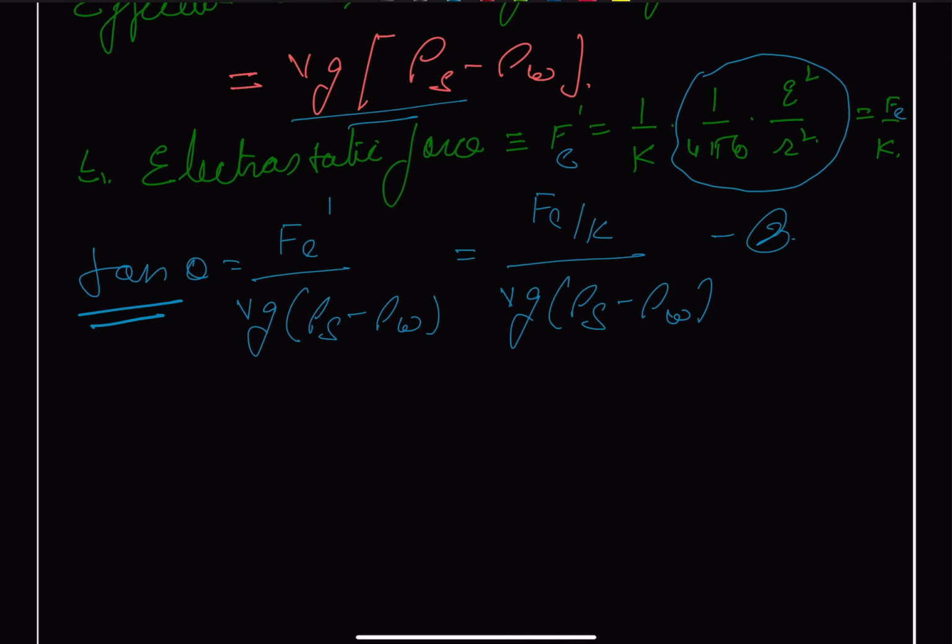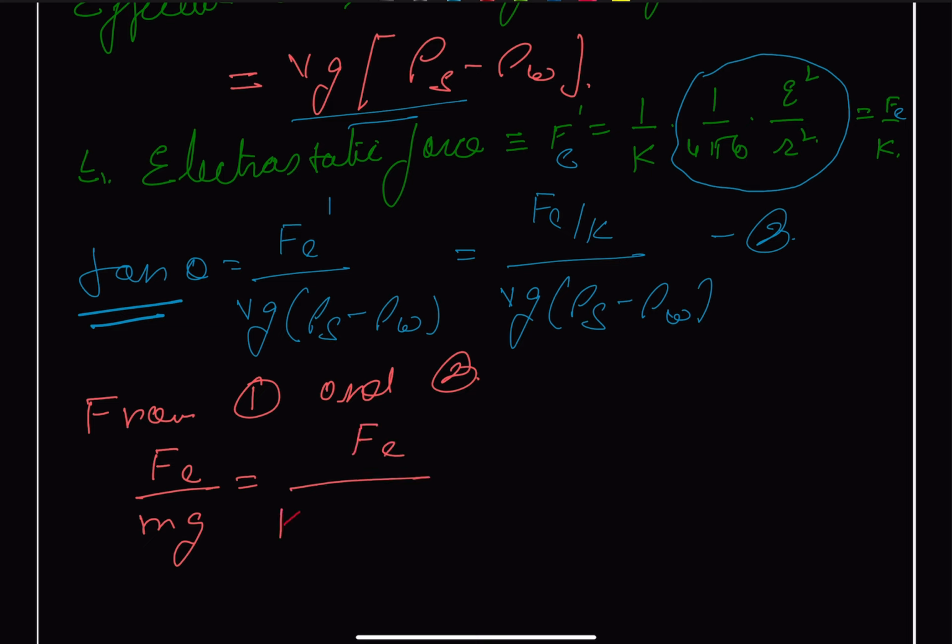So from 1 and 2, we can write Fe upon mg is equal to Fe upon K Vg (rho s minus rho w). And our Fe cancels away, g and g also go away.